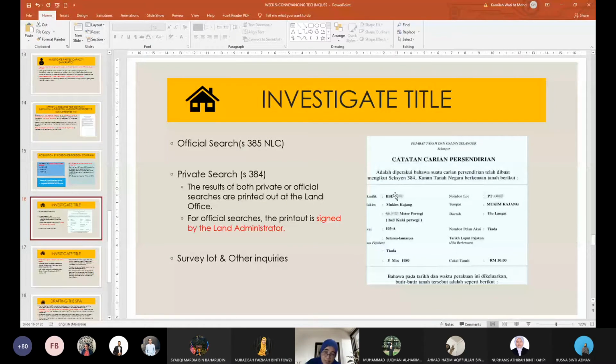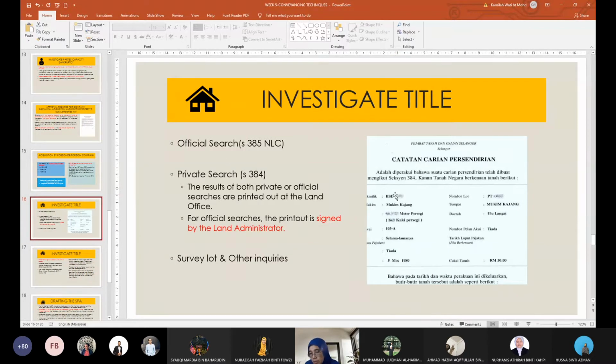Contohnya ada satu padang besar yang mungkin ada 4 tanah lot kat situ. Dia ada pegang geran tu tapi dia tak tahu tanah lot dia tu yang belakang ke, yang depan ke. So we have to do the survey lot ataupun carian, kita panggil pelan lah di pejabat pemetaan untuk tahu kat mana lokasi tanah itu sebenarnya.